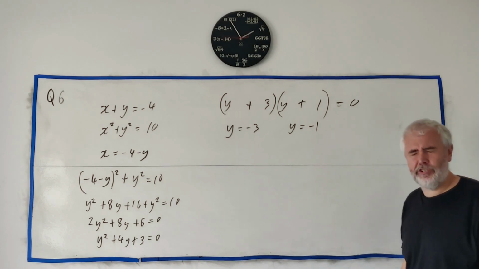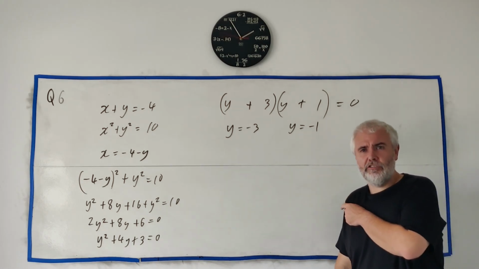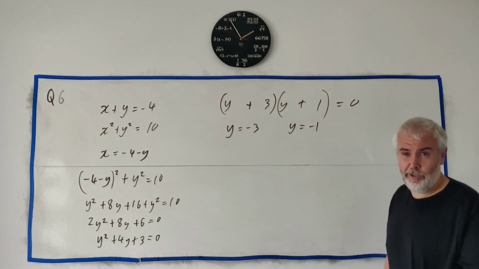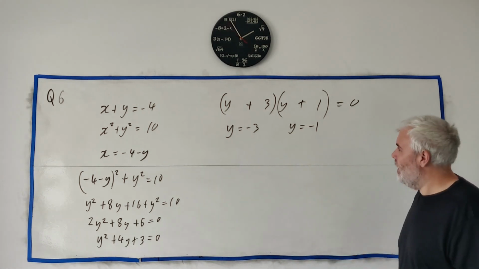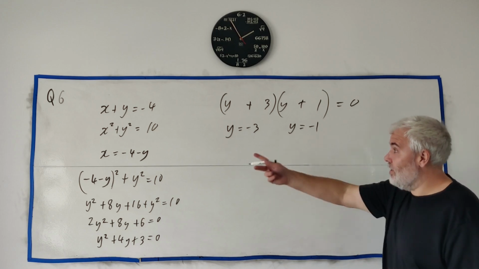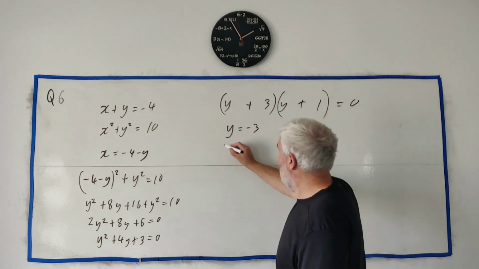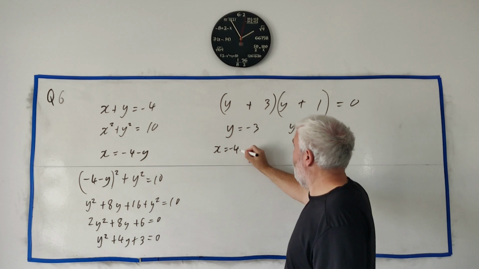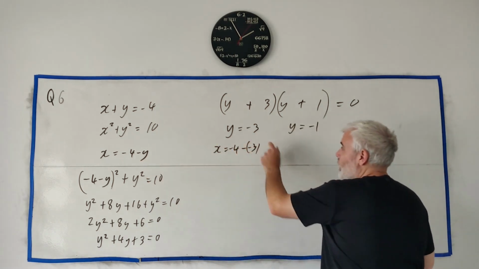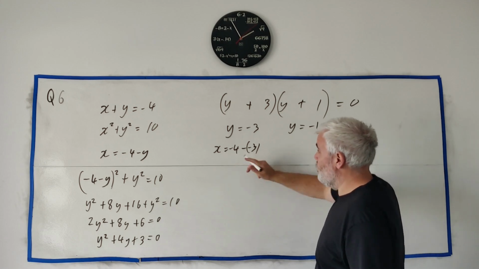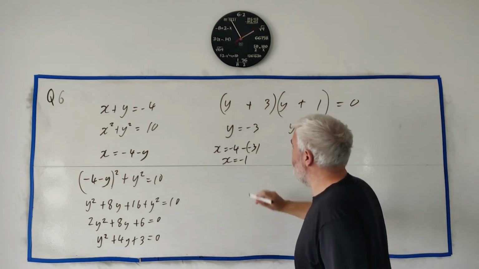Don't stop here. So many students stop at this point and they just throw away a mark. Maybe 2 marks, because the examiner might just have to give a mark for each of the 4 answers. The other answers are the x's. You still want your x's. x is equal to -4 minus 3, so instead of y, we put -3. That's -4 plus 3, so x is equal to -1.